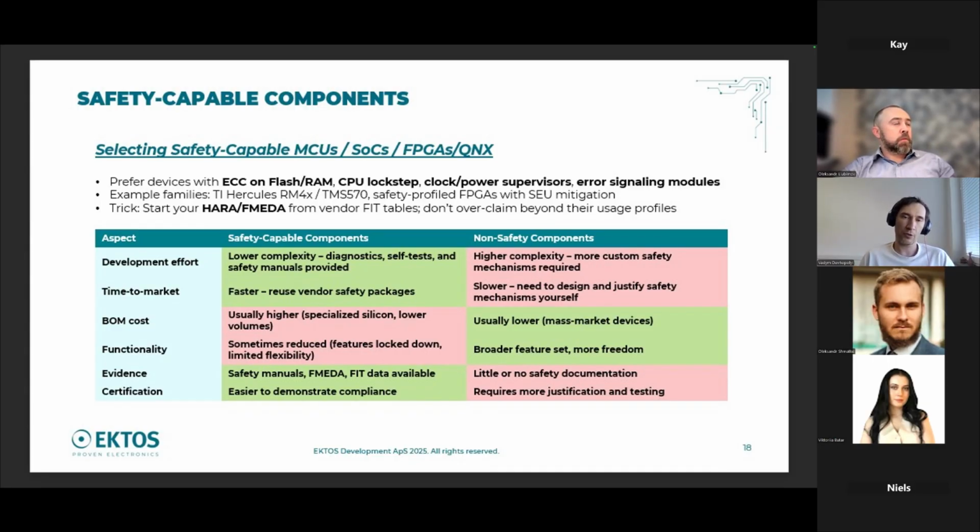They provide good diagnostics features like error code correction on flash memory and on RAM, or CPU lockstep, or error signal modules and other things that help you to prove that your system has enough capability to be safe. And if you can cut development effort, obviously it leads to efficient time to market.